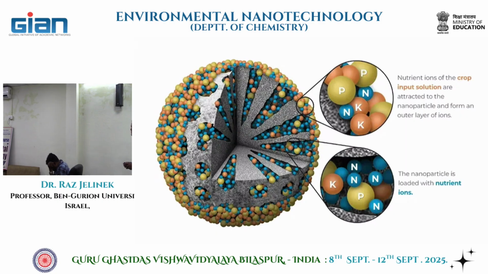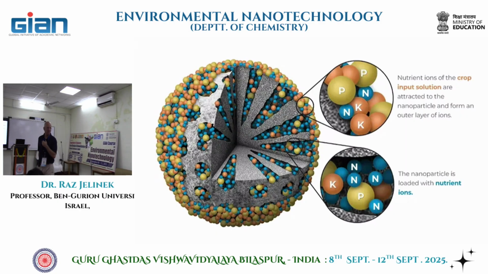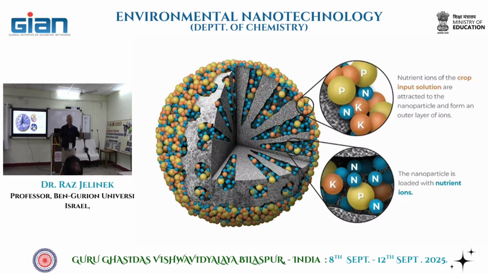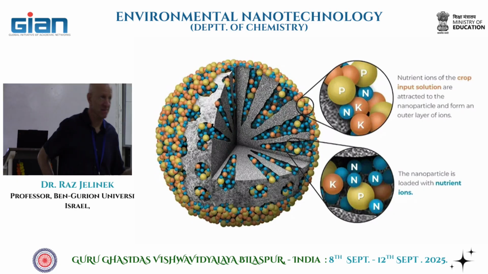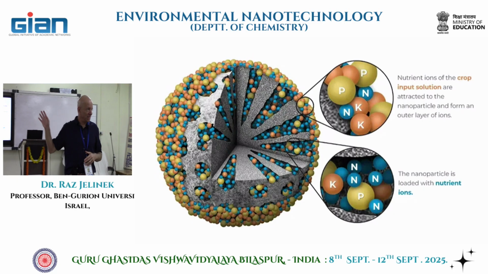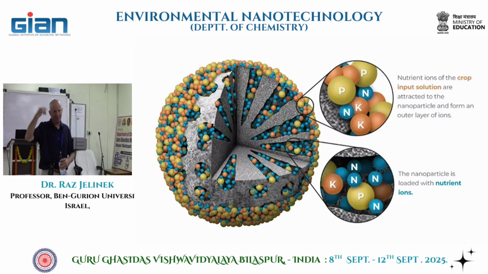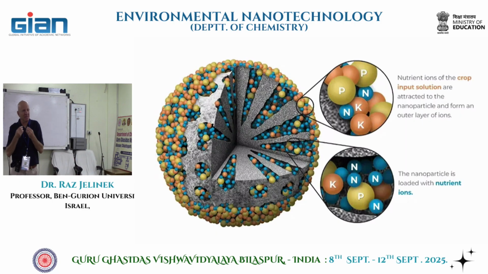Okay, the question is about metal nanoparticles. Are they bad for us just like heavy metals? Of course, as I showed in the beginning, in I think the previous lecture, metal nanoparticles can go into our tissues and cells.